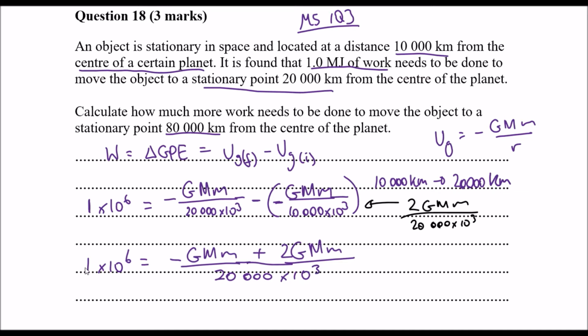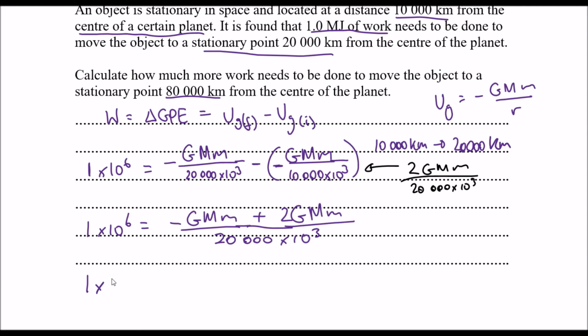We haven't solved for this side of our equation yet; we want to find the value of just GMm. So we multiply both sides by the 20,000 meters, and we get 1 times 10 to the 6 times 20,000 meters equals negative GMm plus 2GMm, which gives us GMm, which is equal to, let's plug it into the calculator, 2 times 10 to the power of 13.